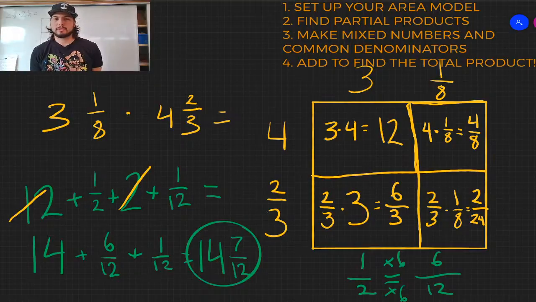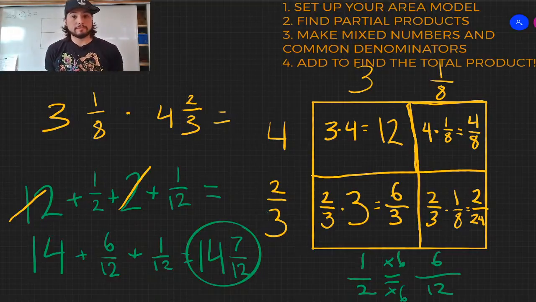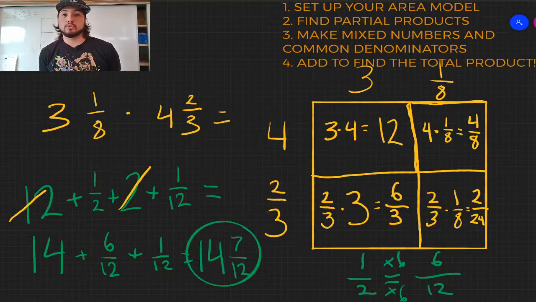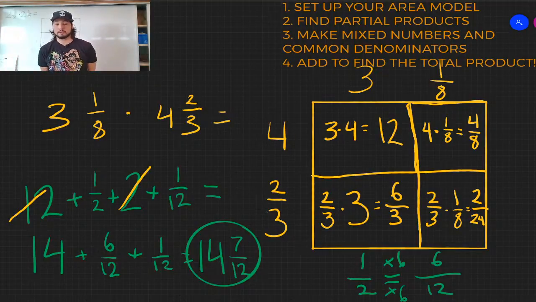Okay? Different mathematicians work in different ways. As long as we're sticking to those rules of, in order to add a fraction, the denominators must be alike, and in order to convert a mixed number to a fraction, or a fraction to a mixed number, we've got to make sure we know how many pieces make a whole, so what's in our denominator.